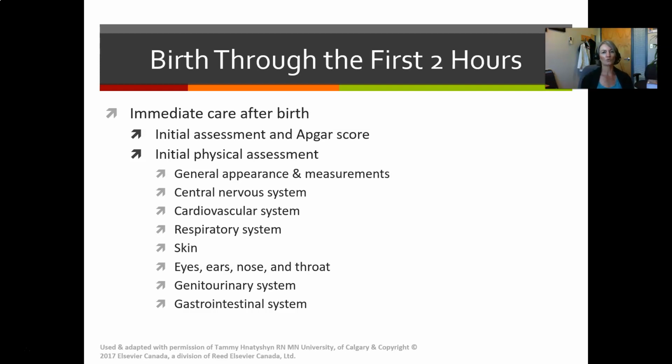We're looking at tone, color, how that babe's interacting. Certainly everybody seems tense until that babe takes that first cry, right? Are they okay? Are they crying? And as soon as they cry, everybody kind of relaxes. Then we're going right into that head to toe and that initial assessment with that newborn.